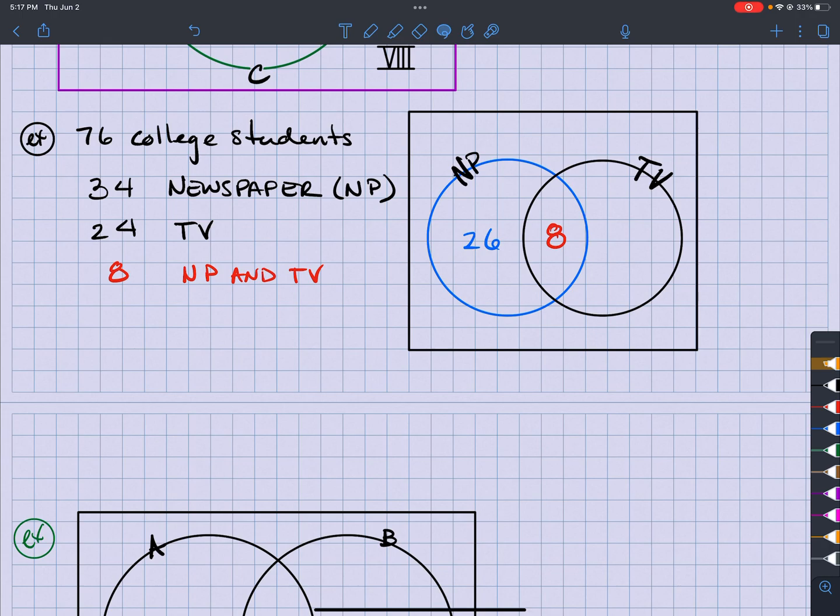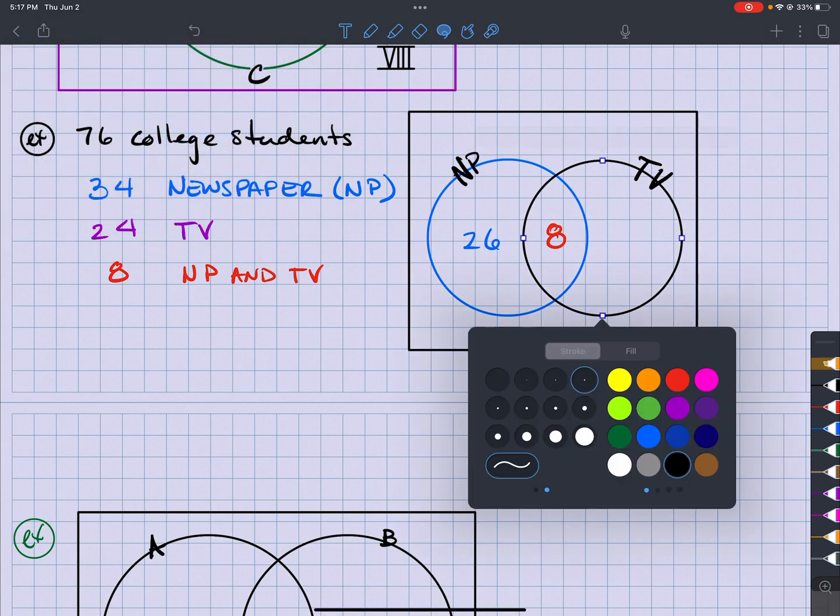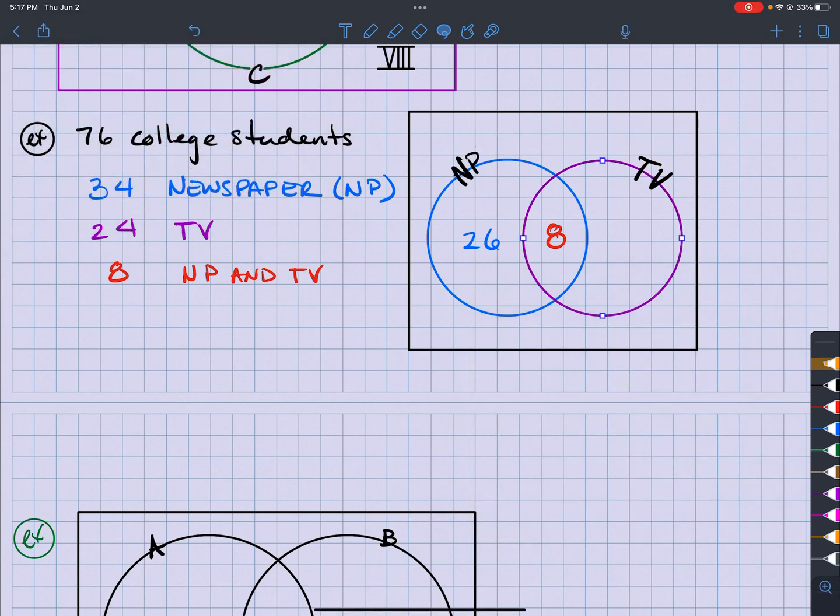Similarly with the TV, this whole purple circle takes up 24 of them, but 8 of them are already taken care of. So how many do I have there? I should have 16 left, because 16 plus 8 is equal to 24.